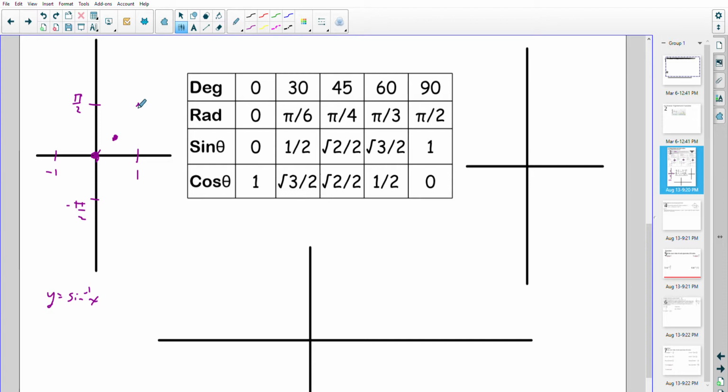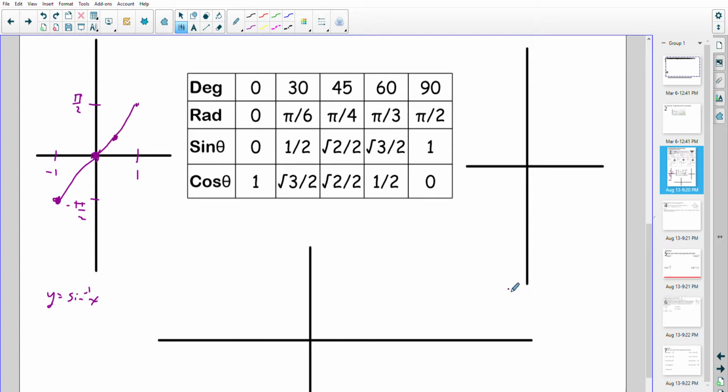So that looks like this right here in that quadrant. And you can do the same thing for the negatives, going from 0 to negatives, and see that that is going to look like this. And so this is the inverse sine graph.